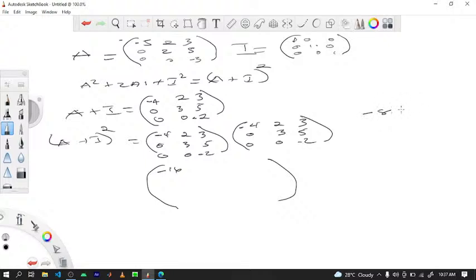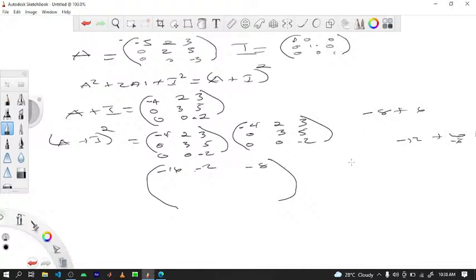So minus 8, then plus 6, then that is giving us a negative 2. And then we have minus 12 plus 10 minus 6, which is giving us negative 8.